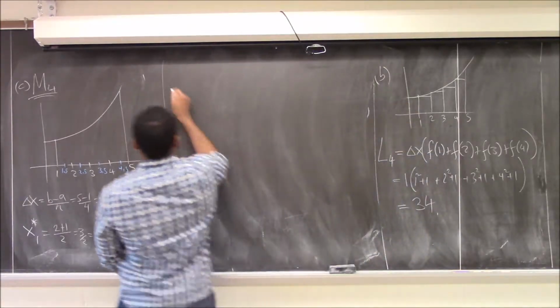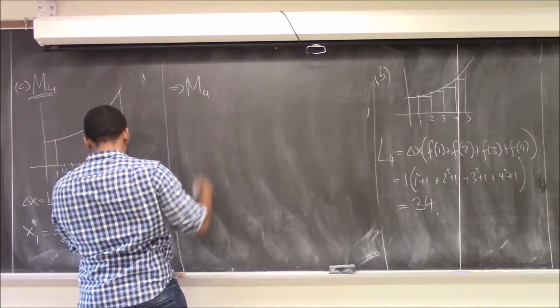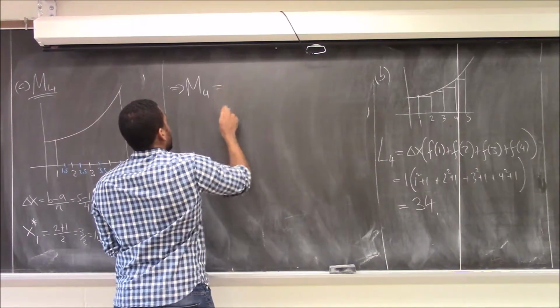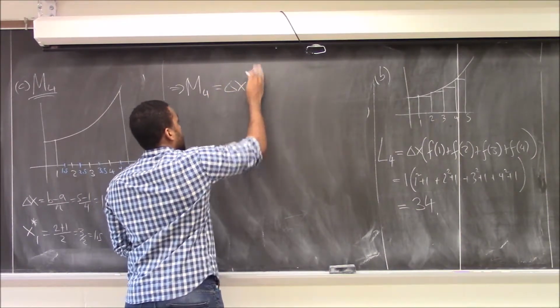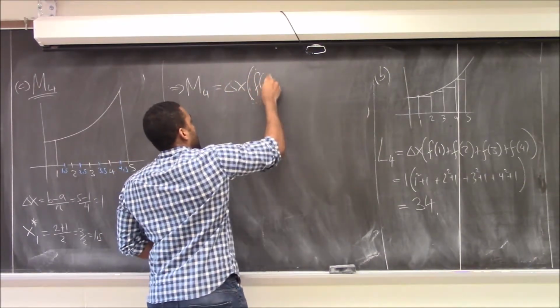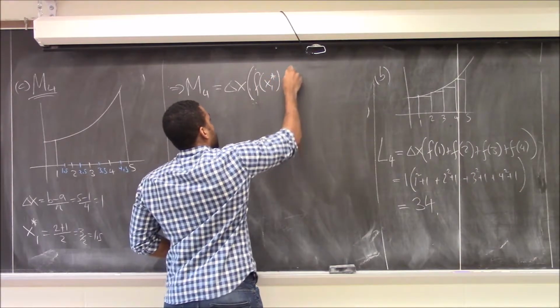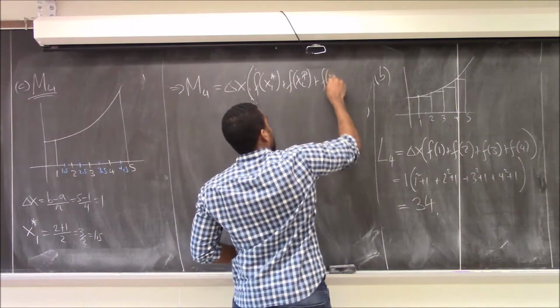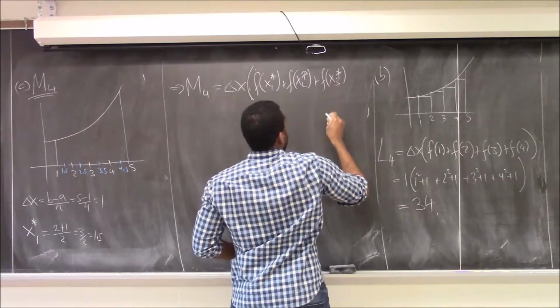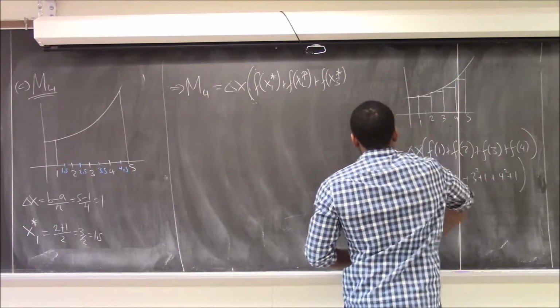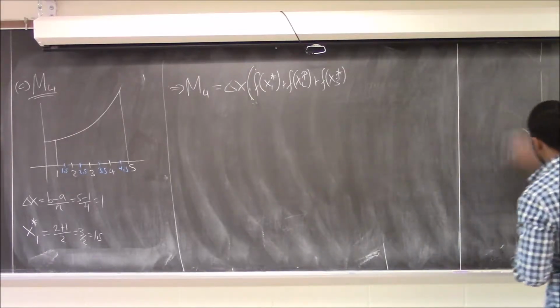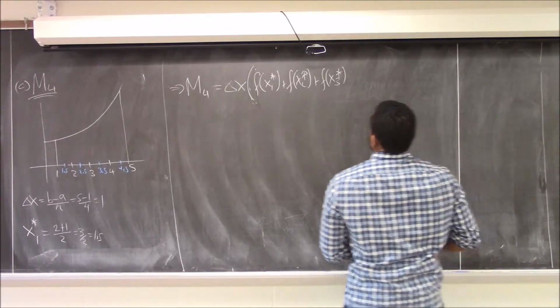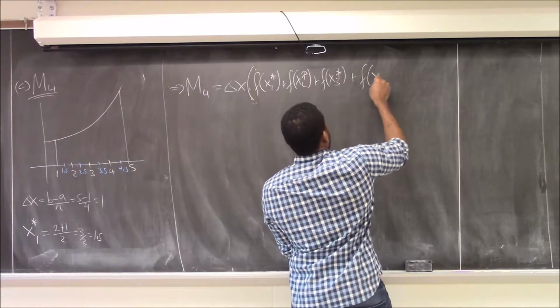So in this case, M4 would be delta x times f of x1 star plus f of x2 star plus f of x3 star plus f of x4 star.